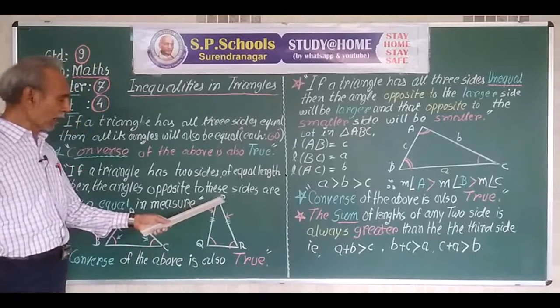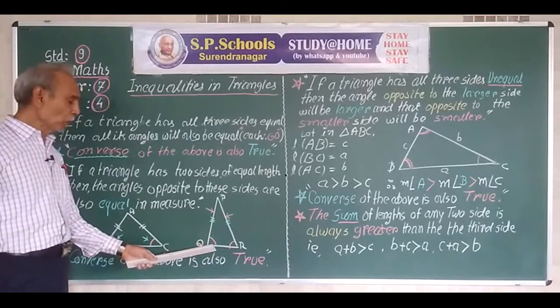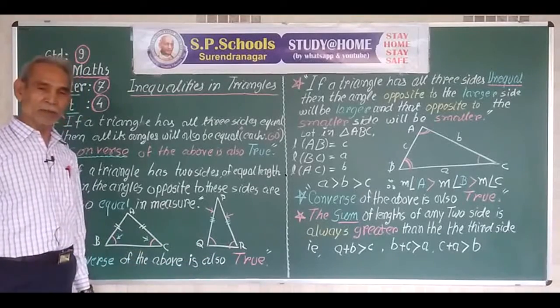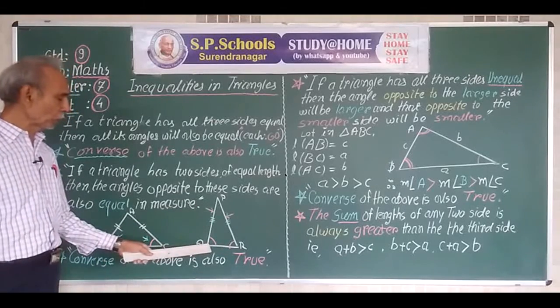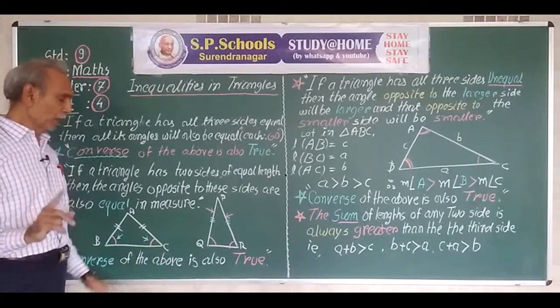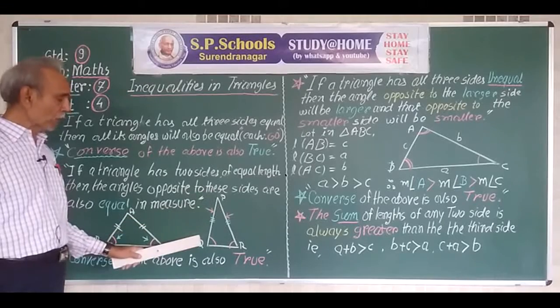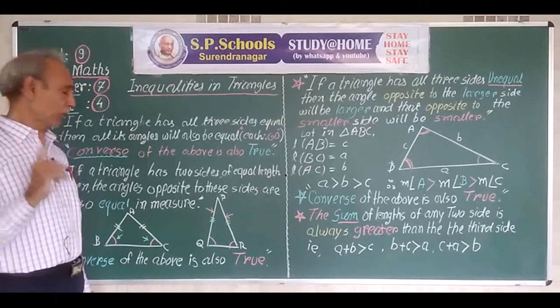Here we have another triangle PQR in which two angles Q and R are of equal measure. Therefore, the side opposite to angle Q, that is side PR, and the side opposite to angle R, that is side PQ, will also be of equal lengths.